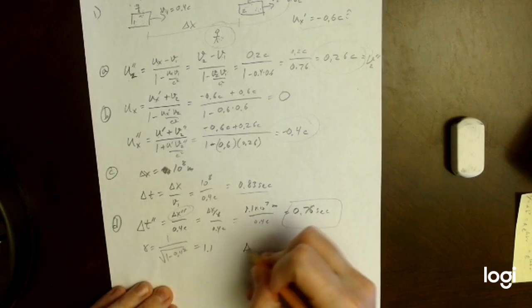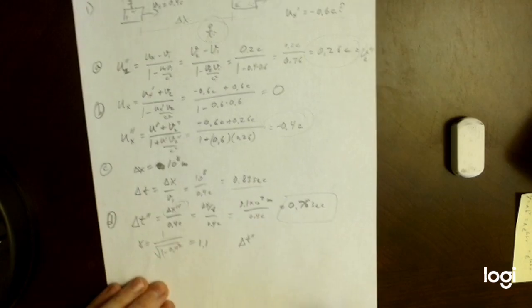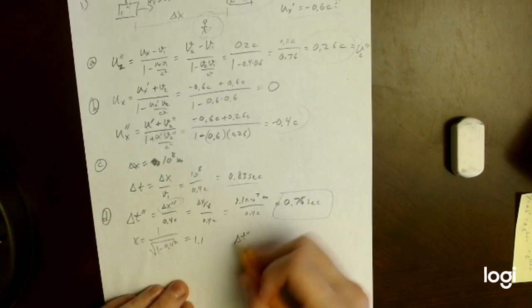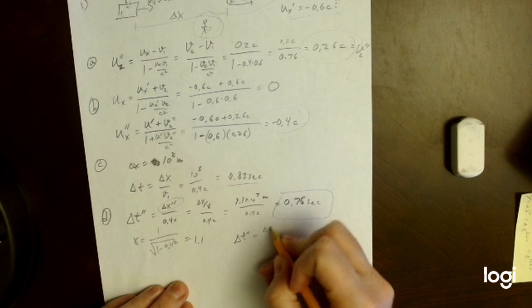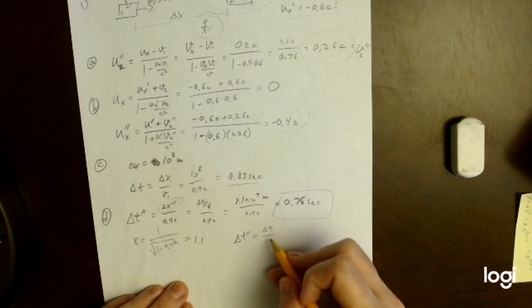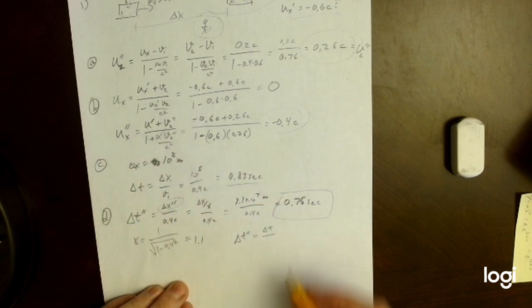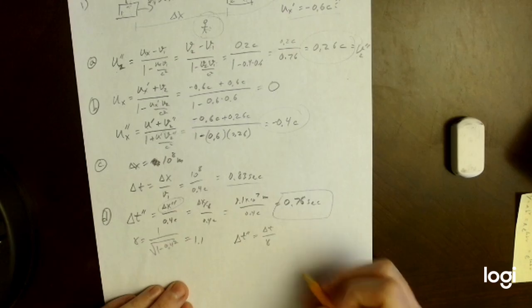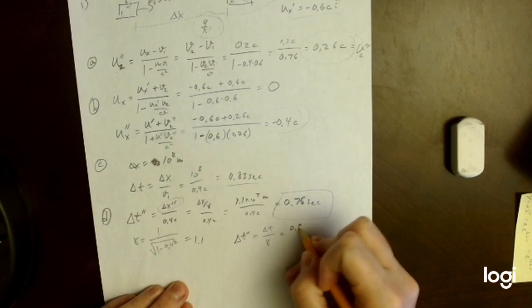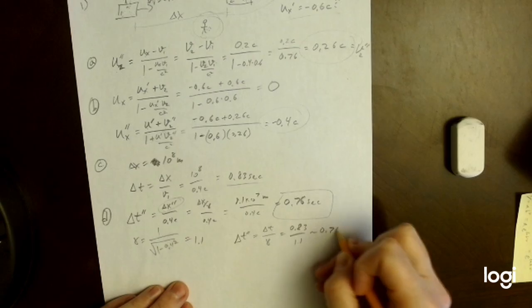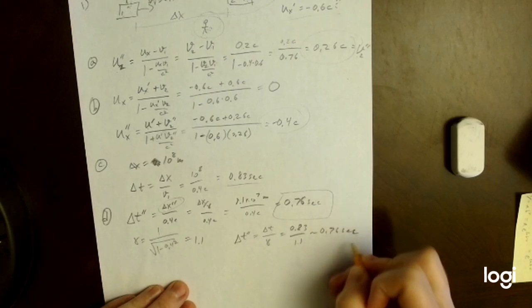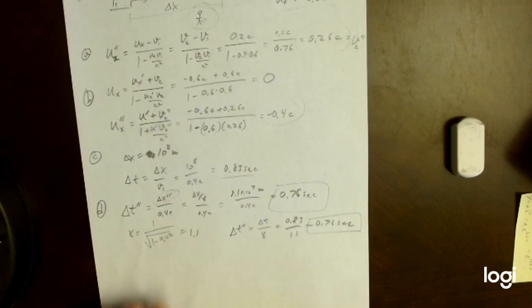Of course, we could have done this a slightly different way and say we also know that the time is dilated, so we can just take the total amount of time observed by the unprimed observer and divide that by gamma, and we'll get 0.83 divided by 1.1 is again 0.76 seconds. So we can get the answer either one of those two ways.